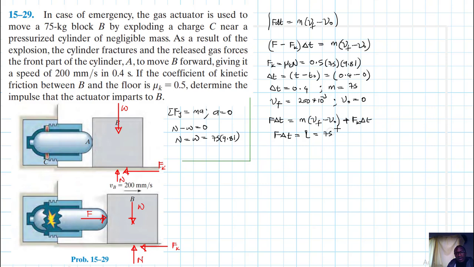So we have 75 times v final, 200 times 10 to the power negative 3, minus 0, plus Fk, which is 0.5 times 75 times 9.81. Therefore, F delta t is just going to be equal to I.